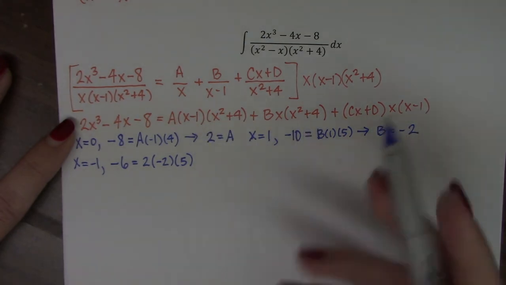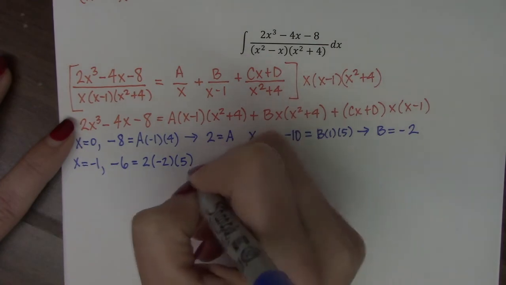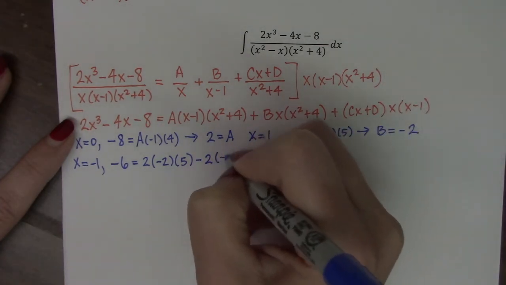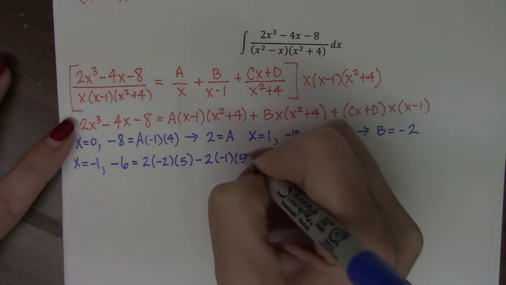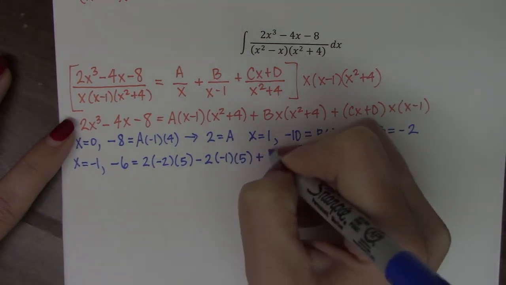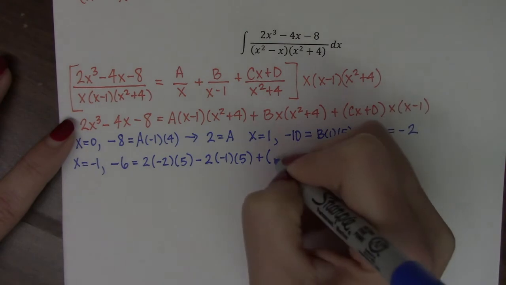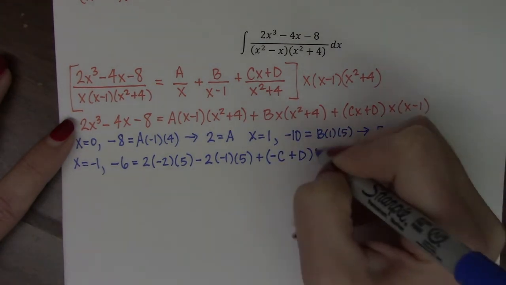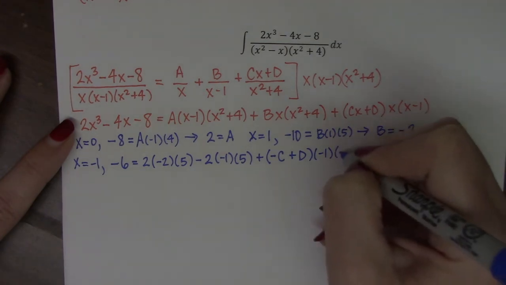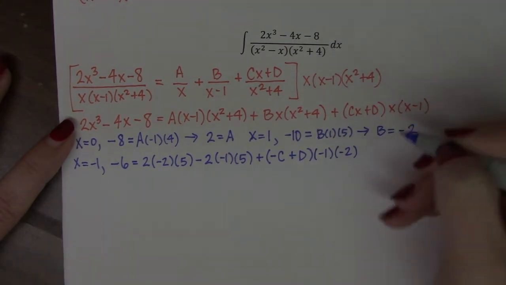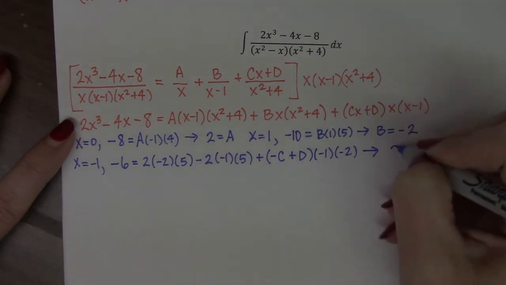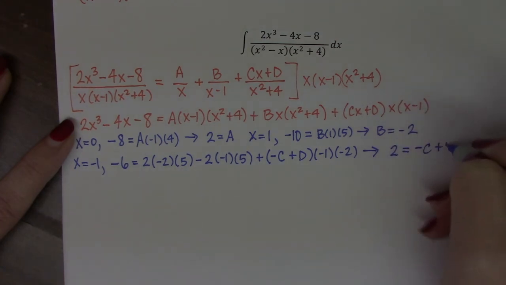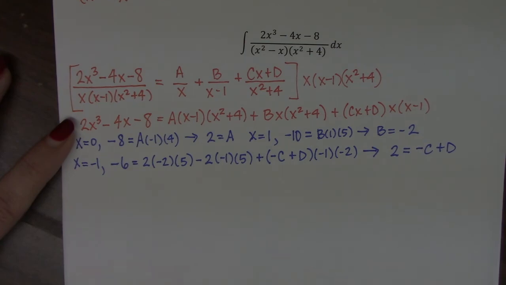So it makes it easier when you're doing the algebra. B was negative 2, so this is minus 2 times negative 1 times 5 plus c times negative 1 is negative c, right, plus d times negative 1 times negative 2. So this simplifies into the equation 2 equals negative c plus d, right?